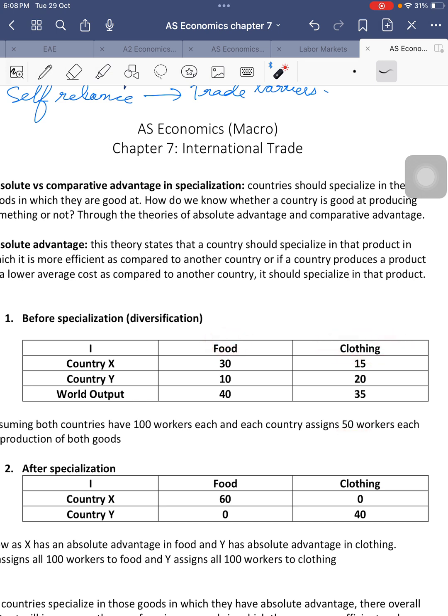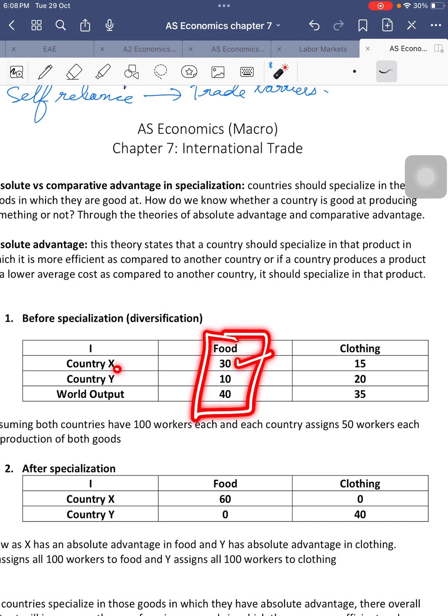With 50 workers, country X is able to produce 30 food, and the other 50 workers are able to produce 15 clothing. While in country Y, 50 workers are able to produce 10 food, while the other 50 workers are able to produce 20 clothing, right?